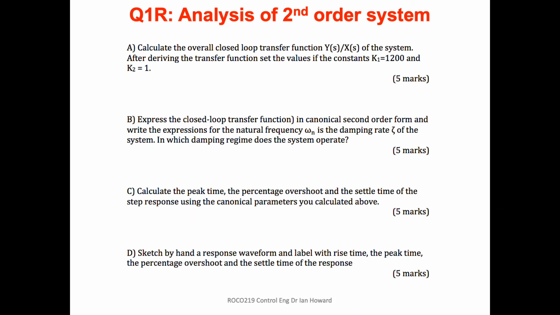You're not expected to remember those formulas; you would be given them in an exam. Finally, we're asked to sketch what a typical step response would look like, exhibiting rise time, peak time, percentage overshoot and settle time, and actually point these things out on a drawing.